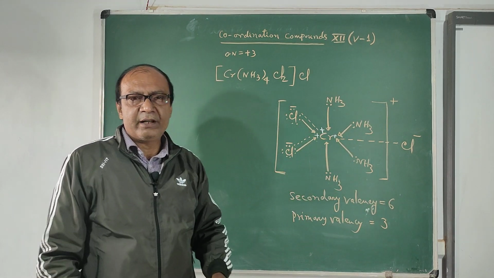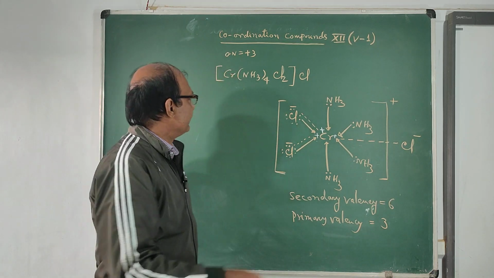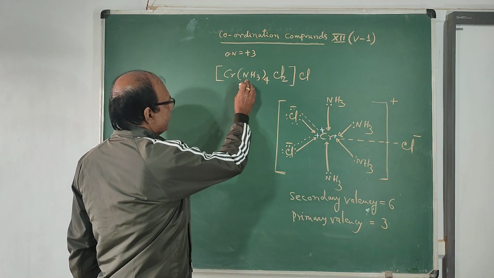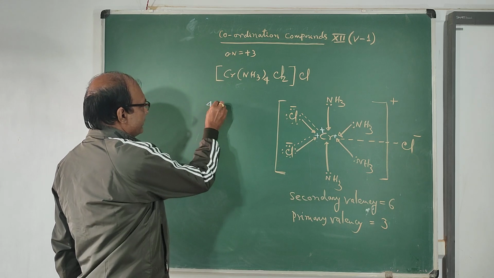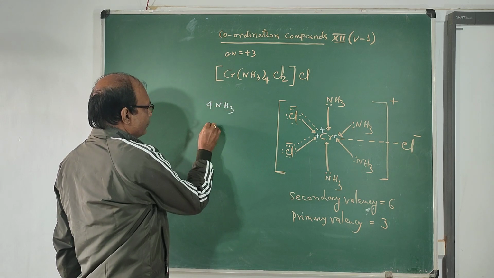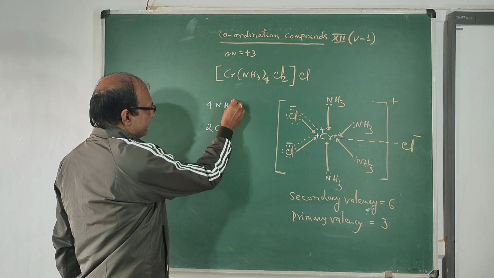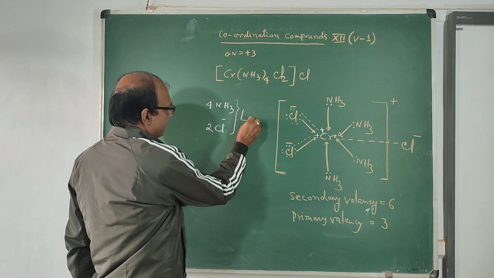These are together known as ligands. Therefore, these 4 molecules of ammonia and 2 chloride ions are acting as ligands.